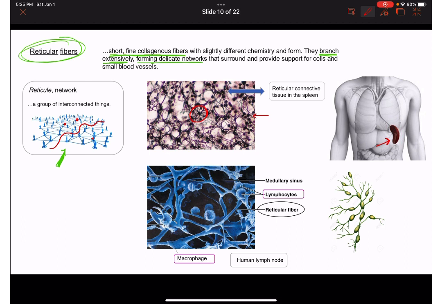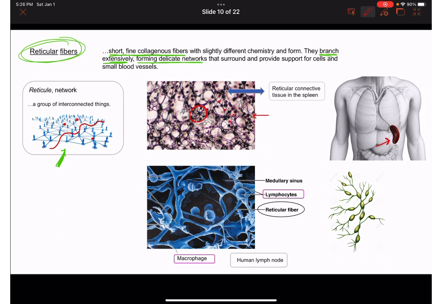And the spleen provides structure, it provides housing for the immune system, which means that there are millions and millions of white blood cells that live within the spleen. And they're going to live on these little reticular fibers that are found in the spleen.